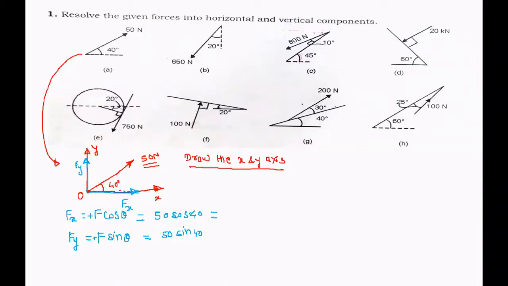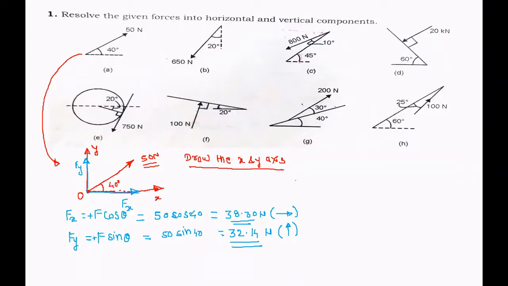It is 38.30 Newton, and second 32.14 Newton. Okay, so this is your answer. And direction of these components, this is towards the positive x and this is towards the positive y direction. So this arrow must be directed in the upward direction for the y component.